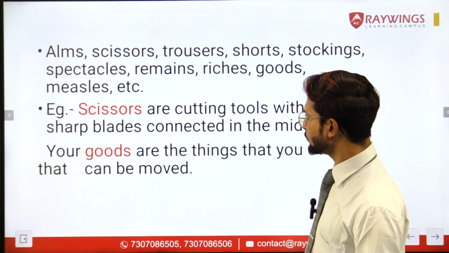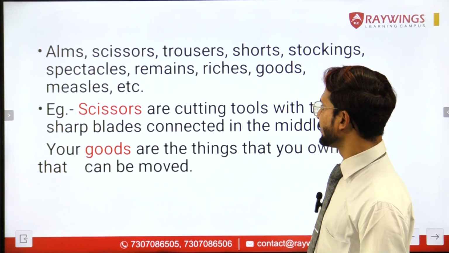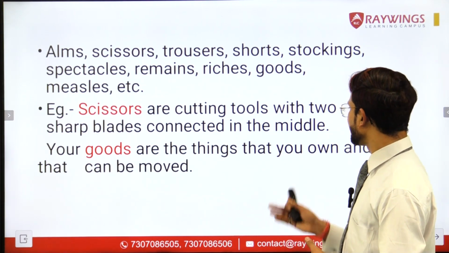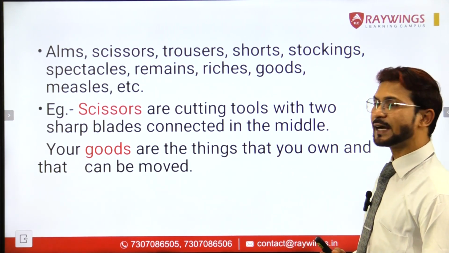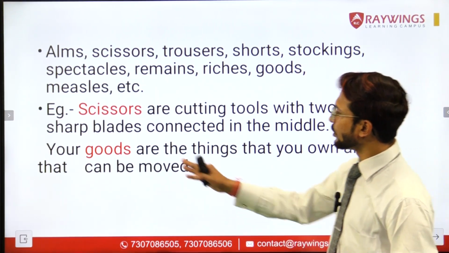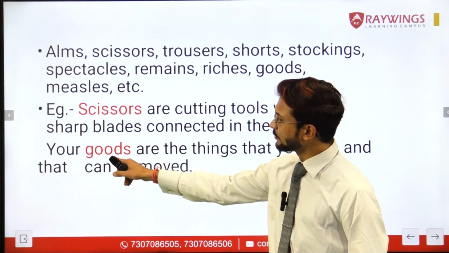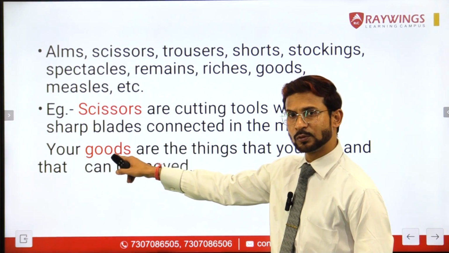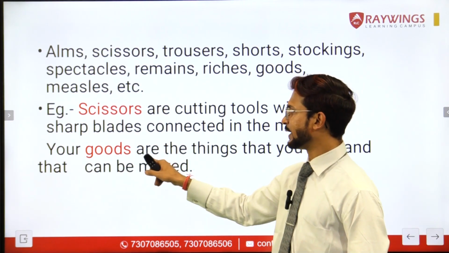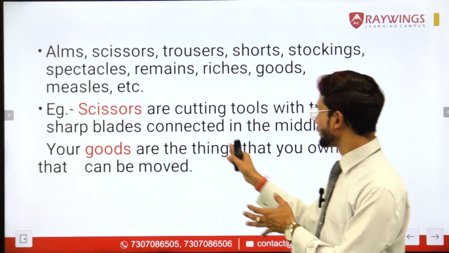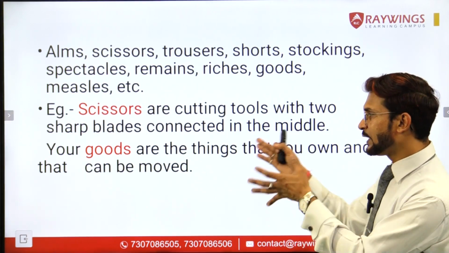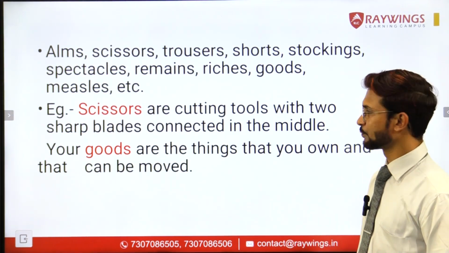The next example says, your goods are the things that you own and that can be moved. So your goods is followed by a plural verb are. That means goods is a plural noun, and it is followed by a plural verb are. Your goods are the things that you own and that can be moved.